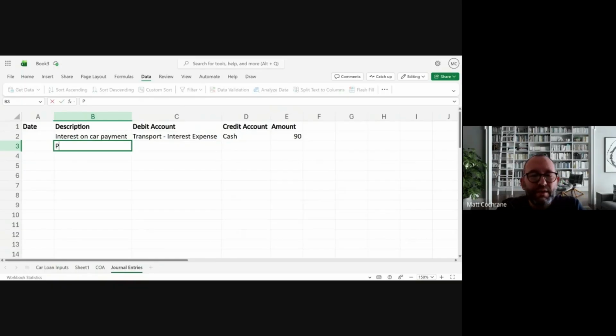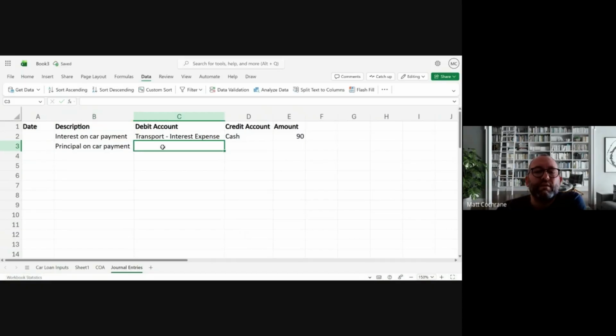But we're not done. Now we have to put in the principal on car payment. Remember, our liability for our car loan payable is a credit position because liabilities increase with credits. In order to reduce that liability, we need to debit the car loan payable. That's how we take care of the principal portion. So car loan payable.